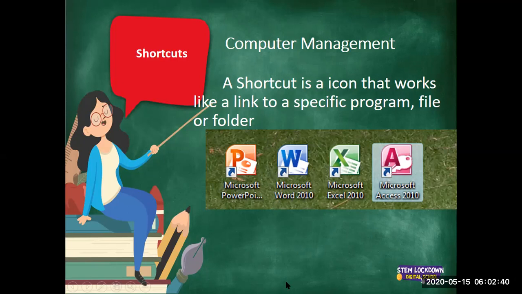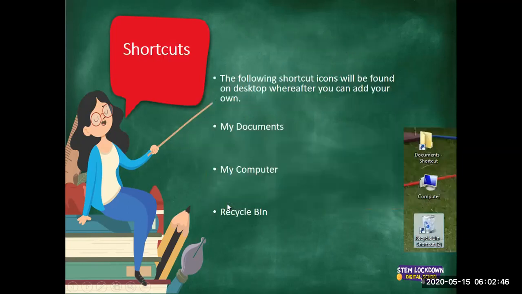Some shortcuts you can put on the taskbar, and those you can pin. The following shortcut icons will be found on the desktop, and after that you can add your own: My Documents, Computer, and the Recycle Bin. You can see them on your desktop.